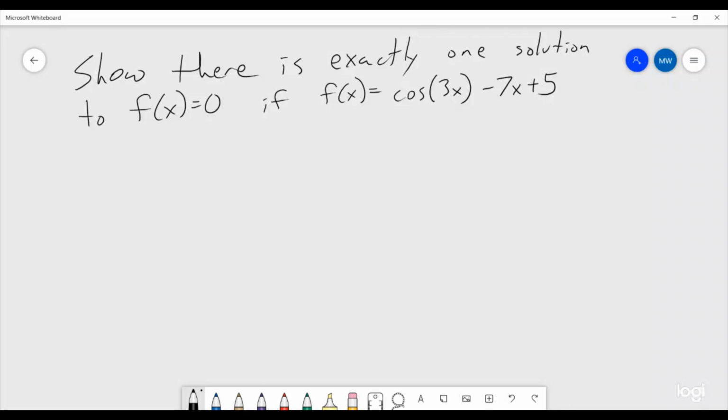Okay, how would we do this problem? So this problem is actually a combination of two different things. We have to use the intermediate value theorem to guarantee that there's at least one solution. So this is one or more solutions. And then we're going to use the mean value theorem to show that there is not two or more solutions.